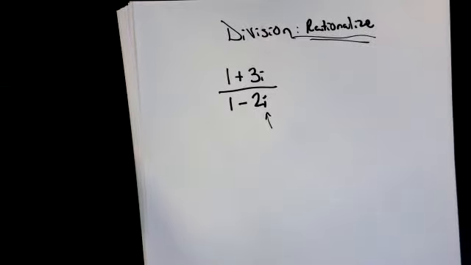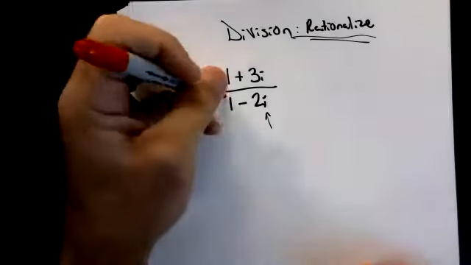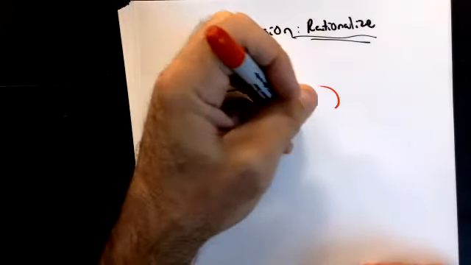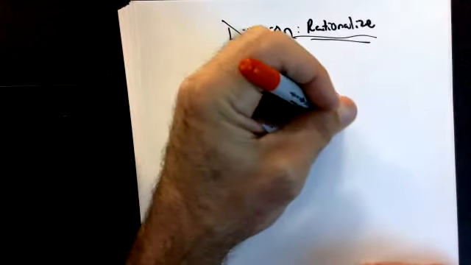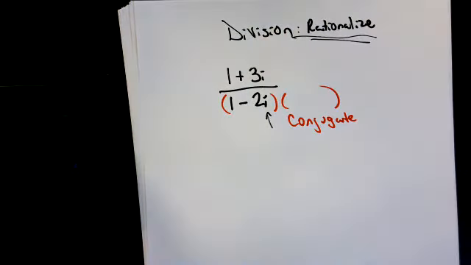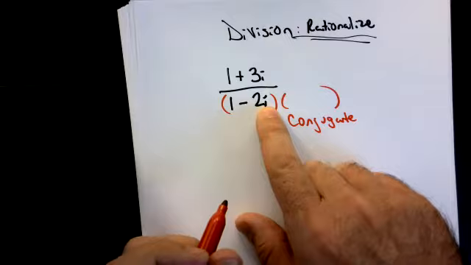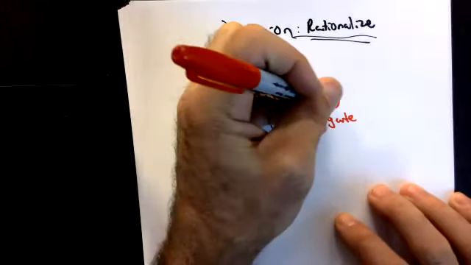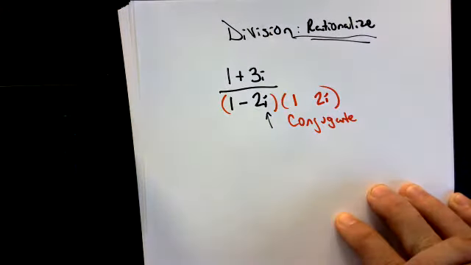Now, we can't just magically grab that number and make it go away or move it. To rationalize, we have to multiply this thing by something called the conjugate. You don't need to know the name of it, but that is what it's called. It's basically this same number, but with a different symbol.